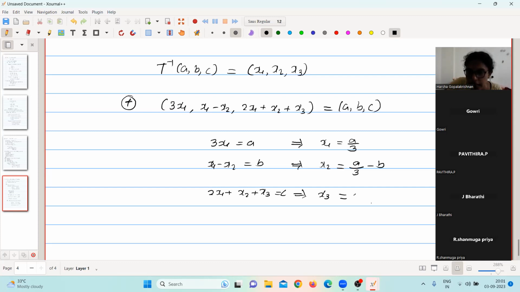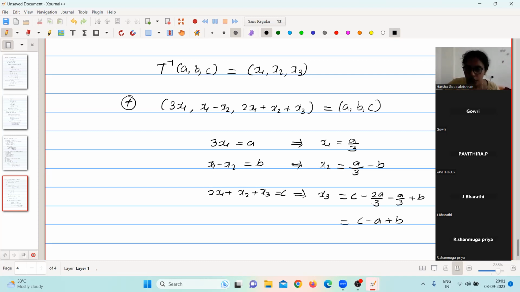So C minus 2x1 means 2 times A by 3, and minus x2, so minus A by 3 plus B. So it will come C minus A plus B.